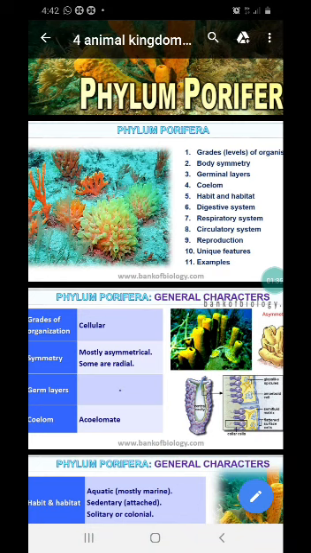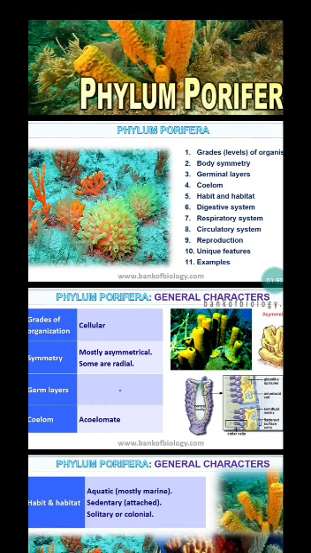So they're aquatic, and especially they are found in marine ecosystems. And these are always found attached to the substratum or rocks, not at the bottom, just near the surface of the coastal areas. And sometimes they may be solitary, which means single, living alone, or they may live in groups, also called colonial. Clear?